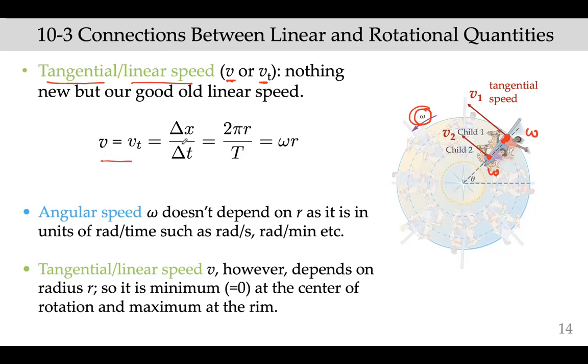Linear speed, if you remember, is delta x by delta t. Let's imagine this situation where these kids make one full rotation. So what is the distance for one full rotation? Let's consider child 2. He makes one full rotation. If this is r, that distance will be 2 pi r, right?